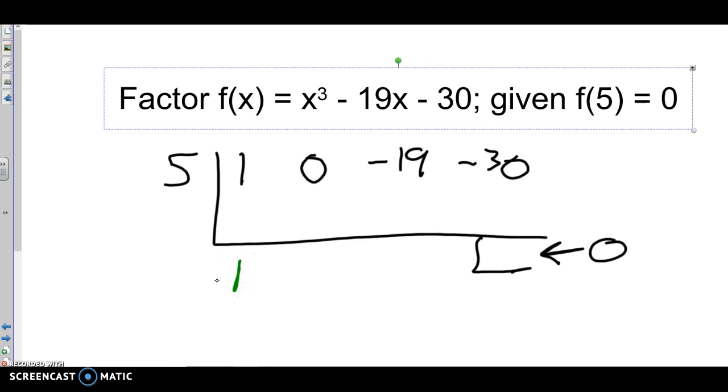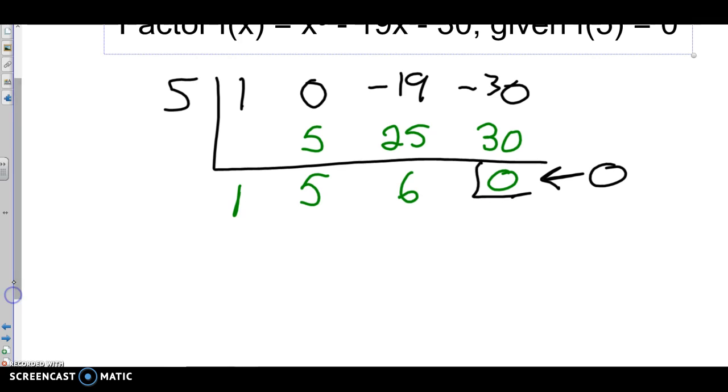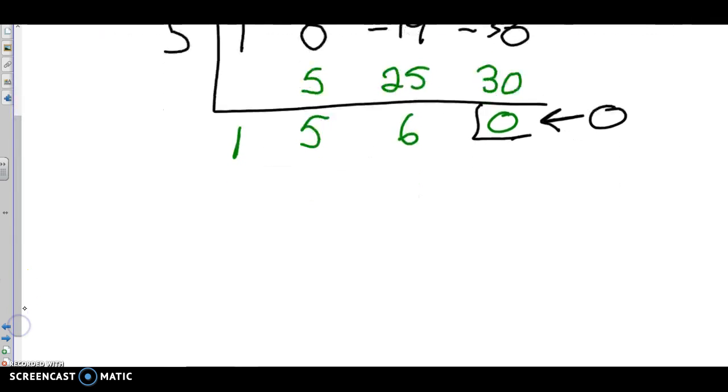So bring the first number down, multiply, add, multiply, add, multiply, add, and I do get a 0. So I know one of my factors is going to be x minus 5.